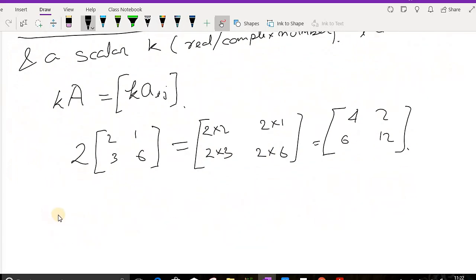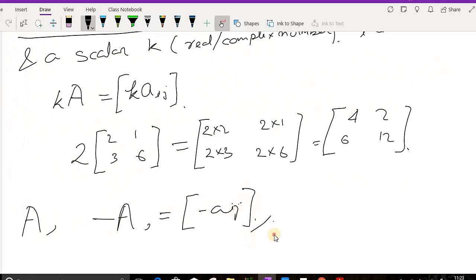Any problem till now? No, sir. Okay, so if A is a given matrix and I want minus A, what will minus A be? In all the elements you just put minus. That's it. So addition is done, scalar multiplication is done.